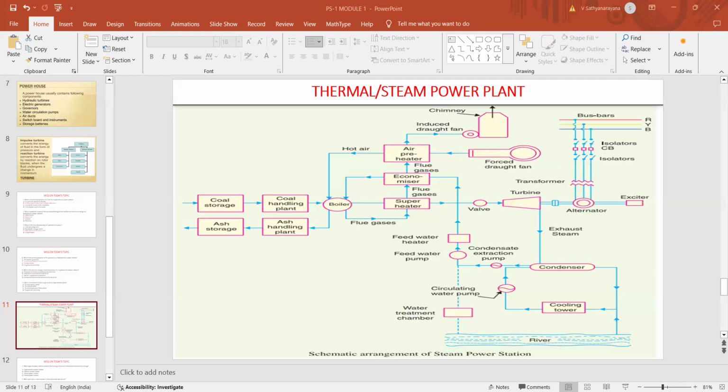This mechanical energy output of the turbine is coupled with the alternator, fed as an input to the alternator, and this input mechanical energy is converted into electrical energy, and it is delivered through the isolators and circuit breakers to the bus bars. This is the process that is happening.